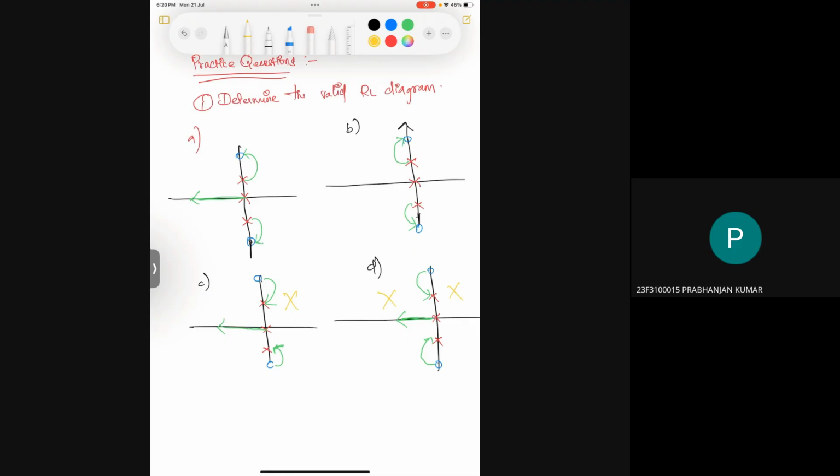Out of these two, both are going from poles to zeros. How can you say which one it is? Ma'am, in the B part, the pole is going to 0.